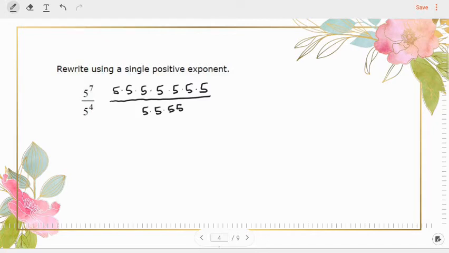And just like with our last problem, when I have a factor on top, it can cancel out the same factor on bottom. Kind of like they're going at war. So 5 cancels with 5, the next 5 cancels with the next 5 in the denominator, and so forth, until all the 5s are either gone in the numerator or the denominator, depending on where there's more.